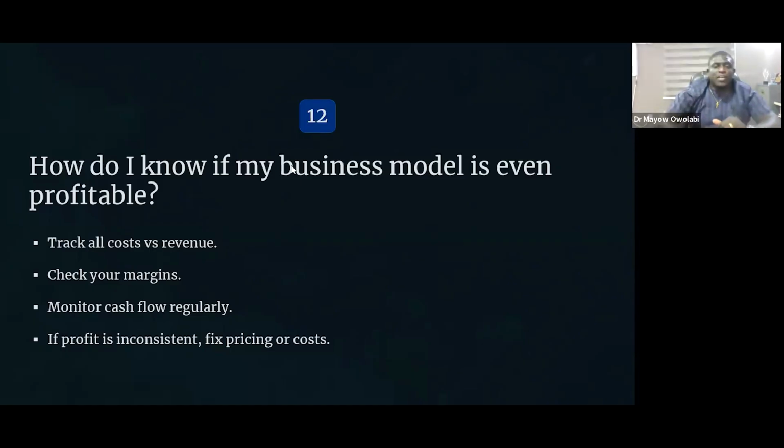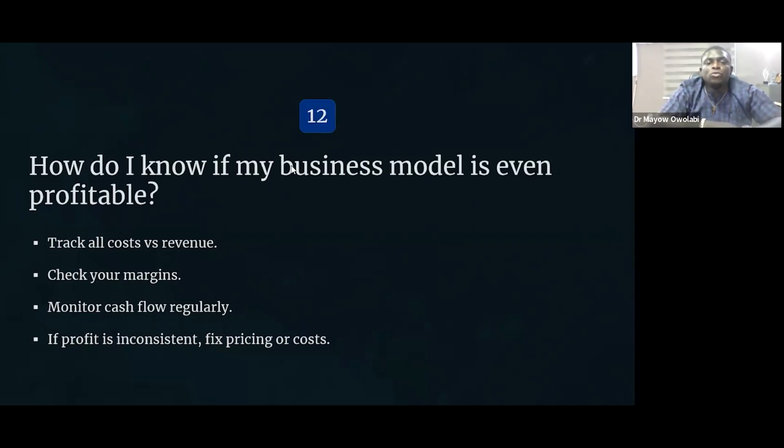What is your fixed cost? For example, your rent, if you have an office. Your rent is your fixed cost. But a lot of variable costs can come in and it will be eating your revenue.